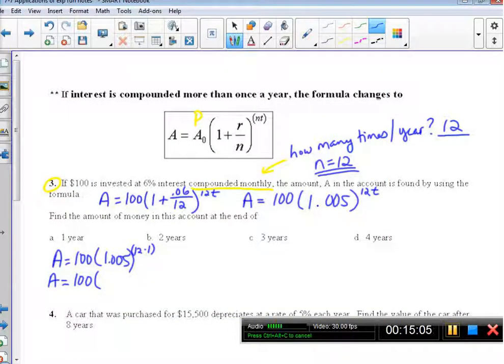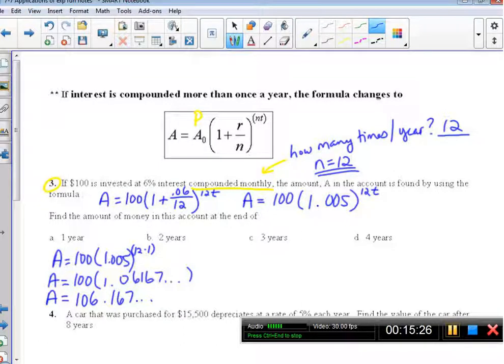It was, I believe, 1.06167. If we multiply that times 100, we get 106.167.